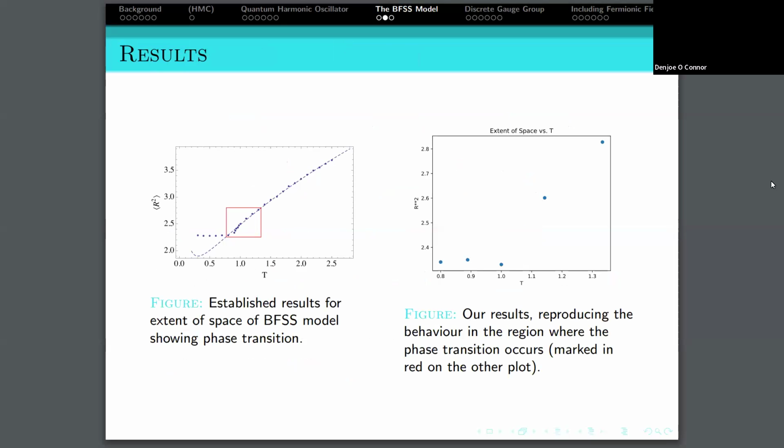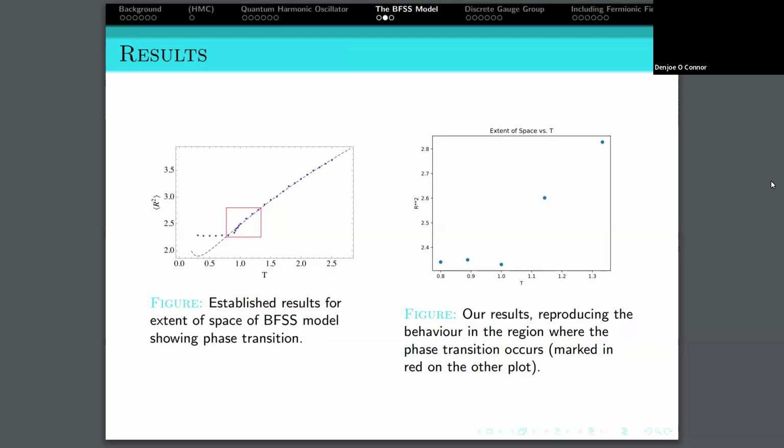So these are the results we got. This result on the left here is an already established result. This is the extent of space plot here. This is extremely computation heavy, so we just zoomed in on this little area here where there should be a phase transition around 1. This is temperature along the bottom. As you increase the temperature, we expect to see a phase transition going up here.